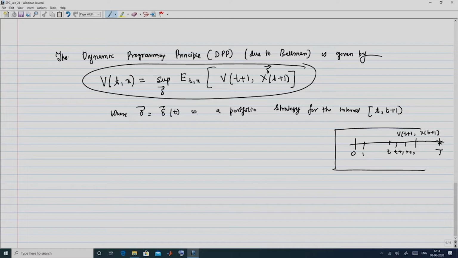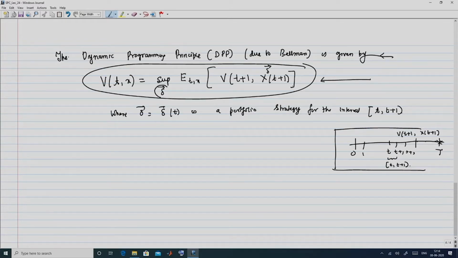So, what you need to do now, with the dynamic programming principle as given here, is to determine what is going to be the optimal strategy in the interval t to t+1 amongst all the possible values of delta.